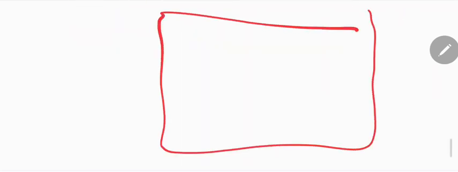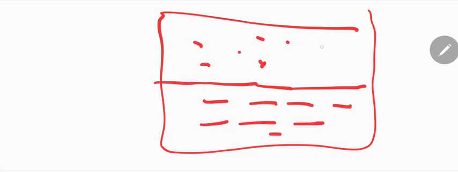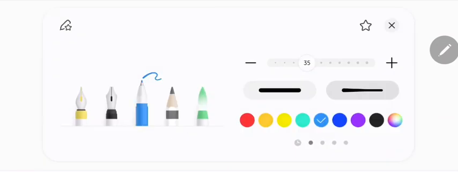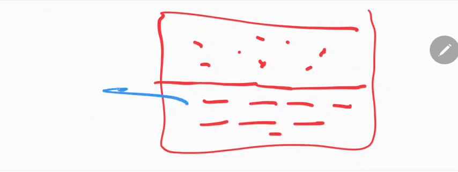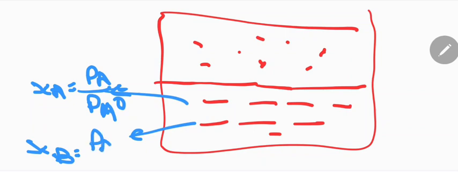Normally, if we take the equilibrium of any solution made by A and B, the mole fraction of A in liquid state will be XA equals PA upon PA naught and XB equals PB upon PB naught.